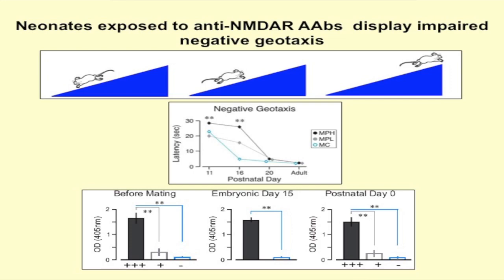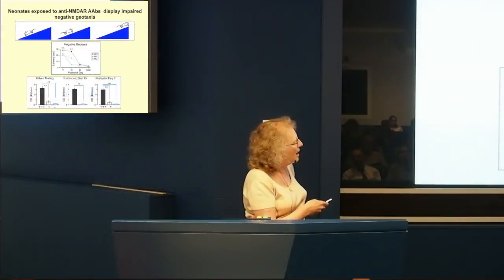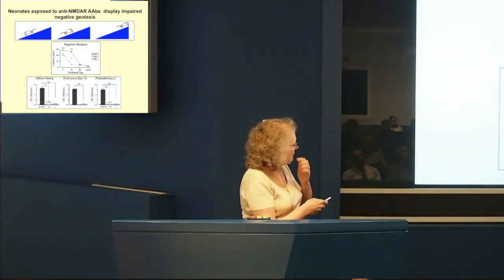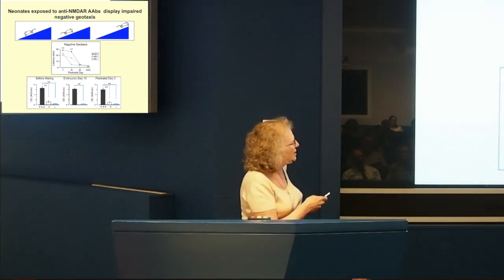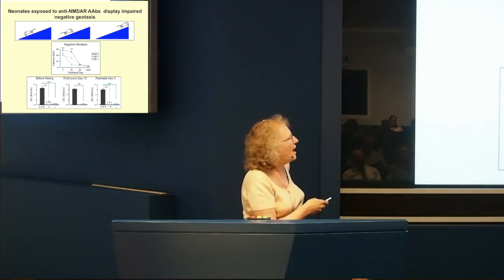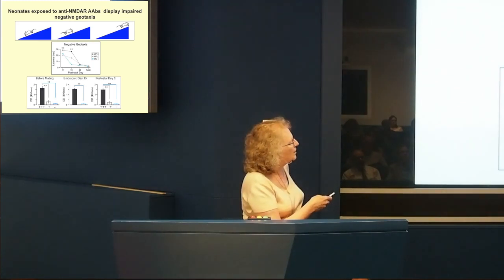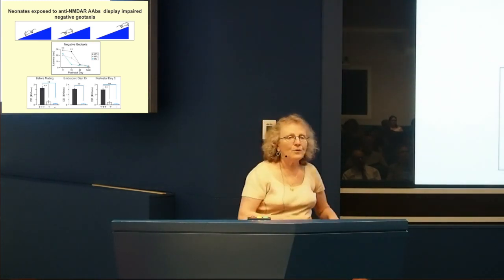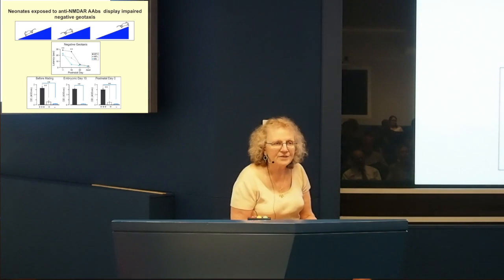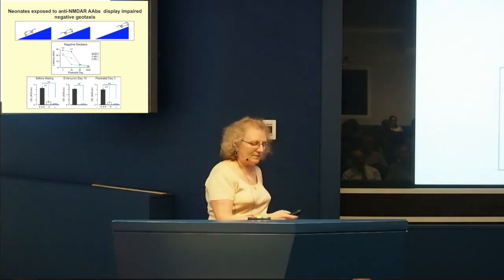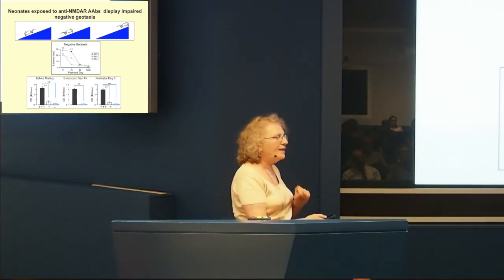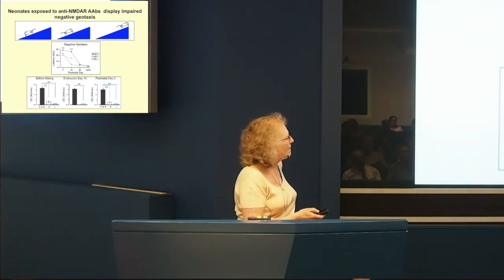And what you can see is that the mice with no exposure to this lupus-like antibody and with low exposure to the lupus-like antibody were able to perform this task appropriately well before the mice that were exposed during fetal development in utero to high titer of the antibody were.